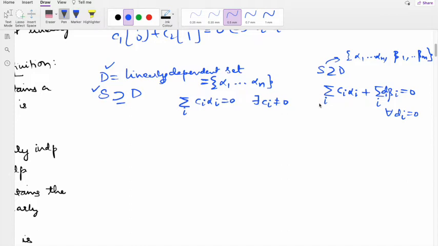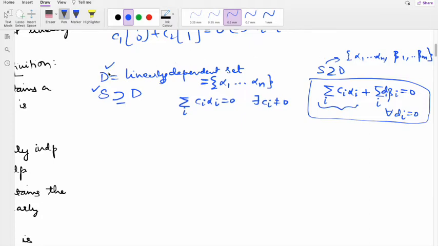And I know for a fact that at least one Ci is non-zero. So this becomes a linear combination of vectors in which at least one of the coefficients is non-zero, and this gives me a 0 vector. Hence this set is also a linearly dependent set.